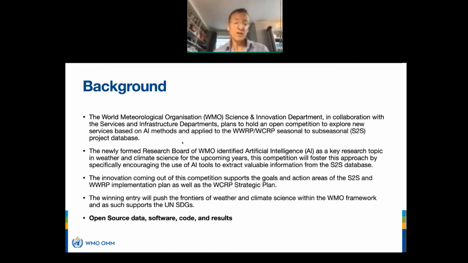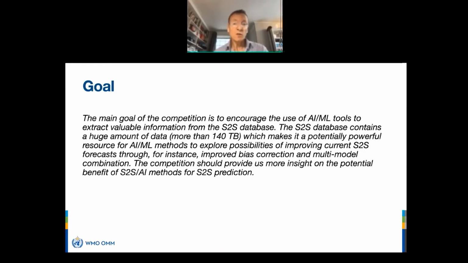So the data, software, code, and results will be made public after the end of the competition. So again, the main goal is competition of any AI/ML tool you want to extract valuable information from the S2S database. We have now over 140 terabytes of data in there.